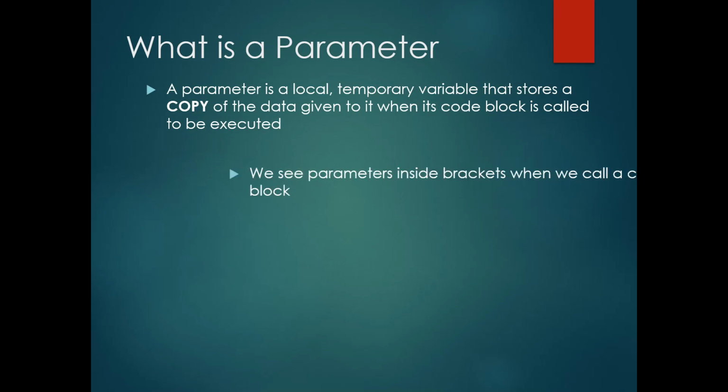We don't know. So we see parameters inside of brackets when we call a code block. So anytime that we have those round brackets at the end of a method call, whatever's inside of there, that's where we're populating our parameter values.